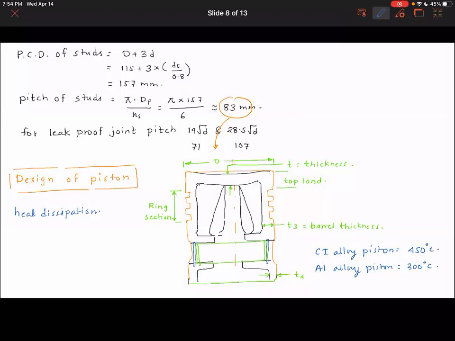That is the material property: as the temperature increases, the drop in strength for aluminum is quite high. So these are some guidelines that you want to follow just to make sure that the piston temperatures are well within the limit.